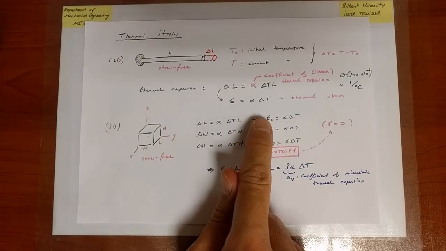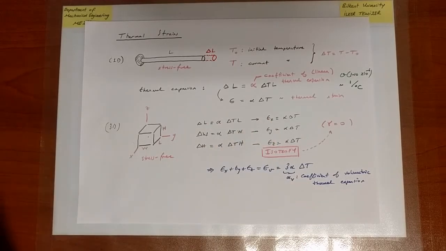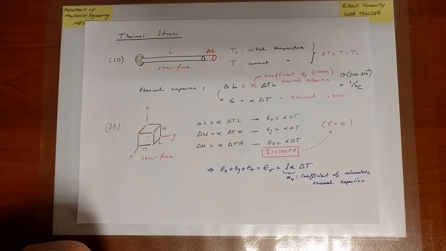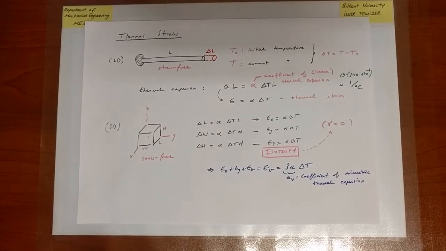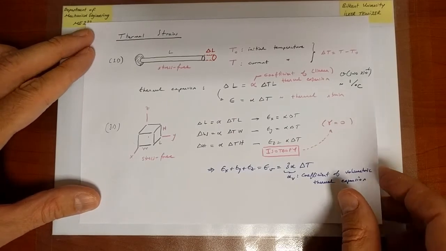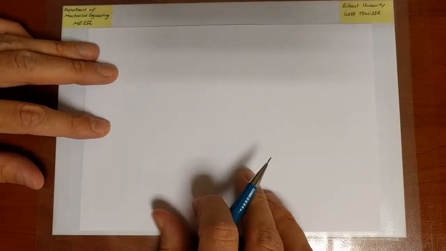You increase the temperature, you get a strain, you remove the temperature change, in other words, you decrease it back again, and you remove that strain. So everything is reversible, so we have in some sense linear elasticity still, and in that range, the principle of superposition applies. So that will lead us to an explicit expression for the form of generalized Hooke's law.